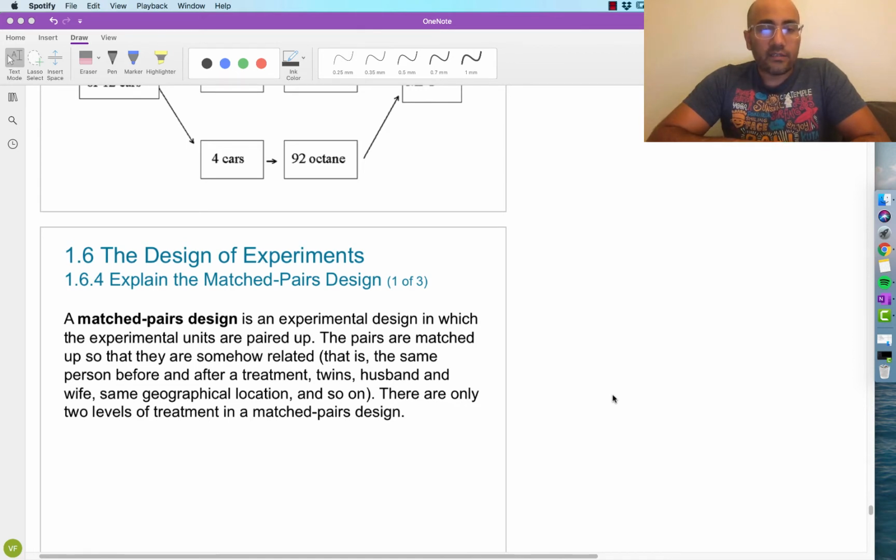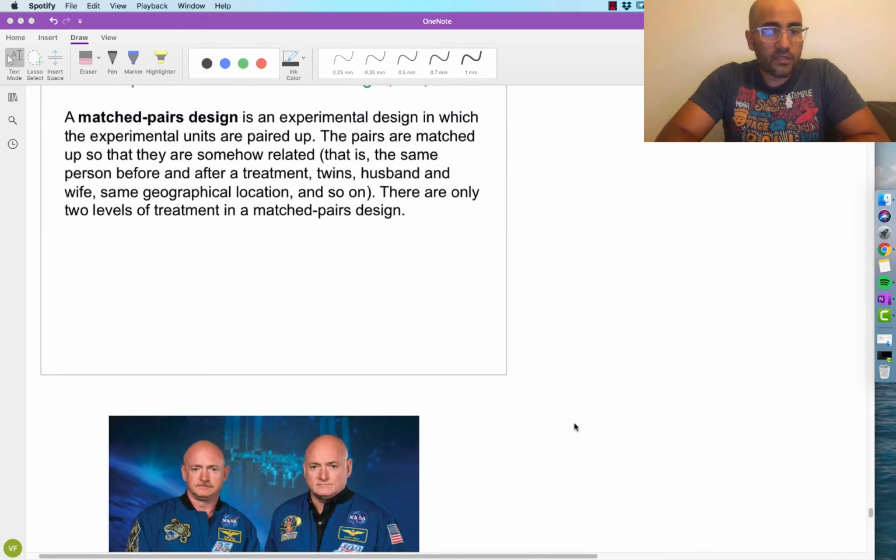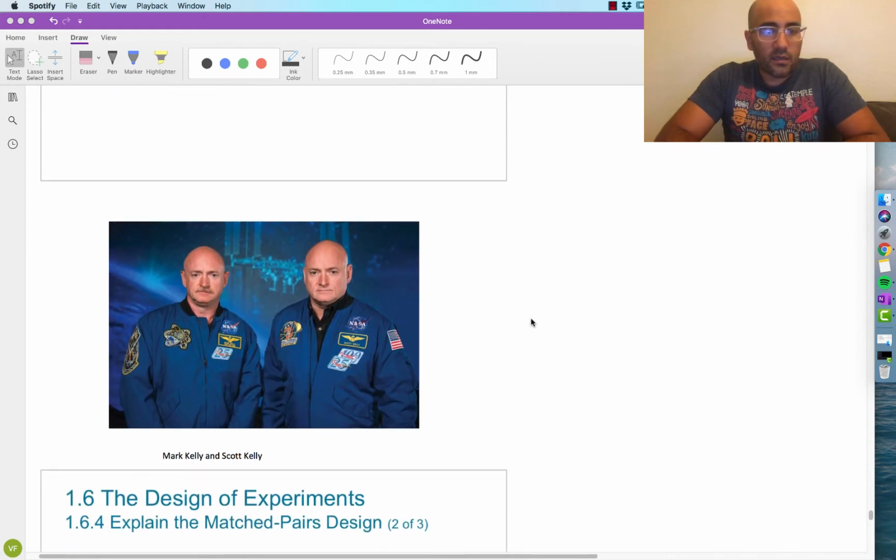So somehow they're connected to each other, and we want to group up those two data points and see how they differ. Right? One really famous example that happened recently is astronauts Mark Kelly and Scott Kelly, who are twin astronauts.